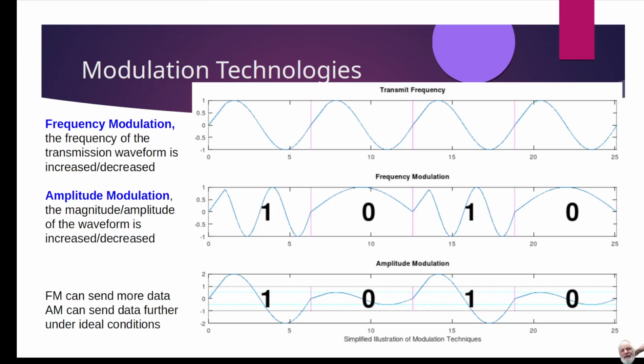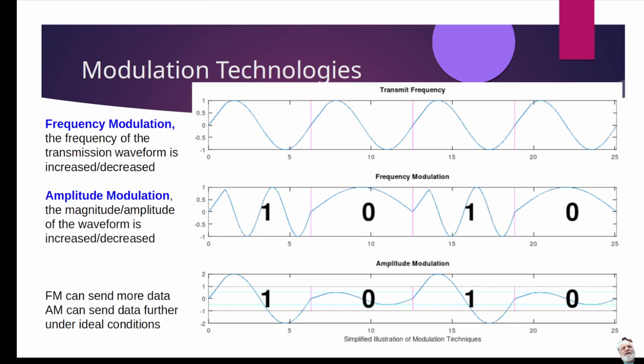If you look here at the top, we have our base transmission frequency. When you tune into your favorite radio station, like 89.7, whatever station you might want to listen to, that is transmitting on this base frequency.